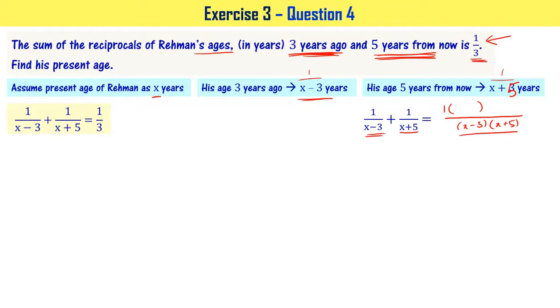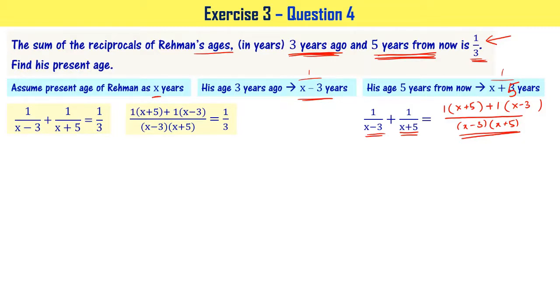In that case, what you have is x plus 5, right? Now let me put plus 1 as is, and this denominator has to be divided now with x plus 5. In that case, what you will have is x minus 3, right? Let me write that. 1 times x plus 5 plus 1 times x minus 3, divided by x minus 3 times x plus 5, equal to 1 by 3.